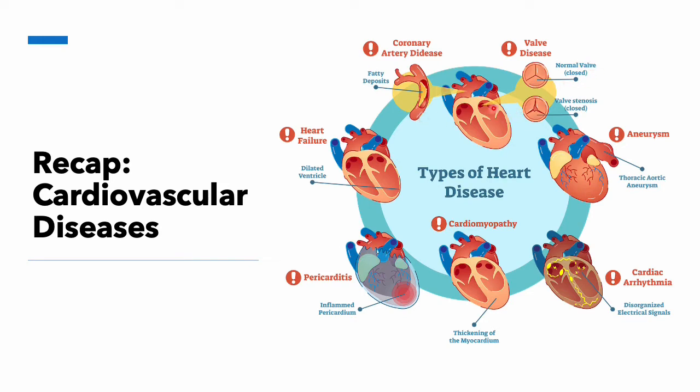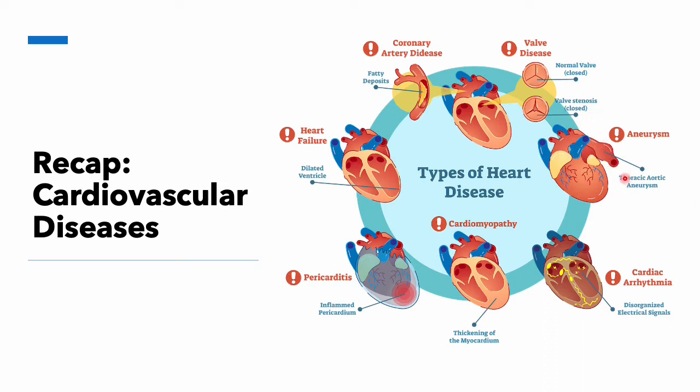Valvular heart disease is a disease in which any valve in the heart is damaged or diseased. There are 4 valves in the heart, and when one or more is damaged, being either stenosed or regurgitant, this is called valvular heart disease.